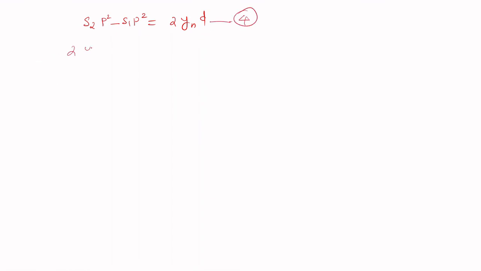So 2yn into d is equal to delta into S2P plus S1P.